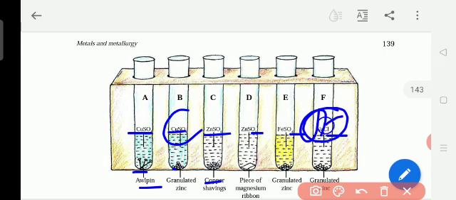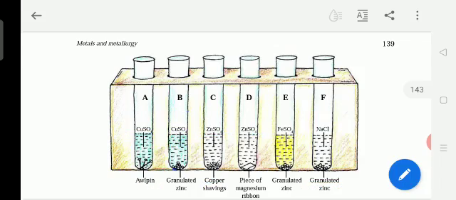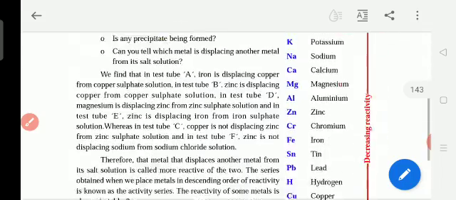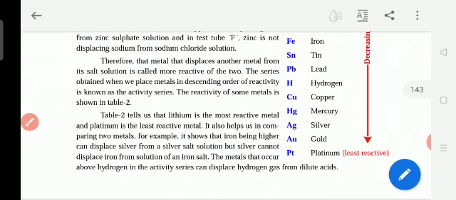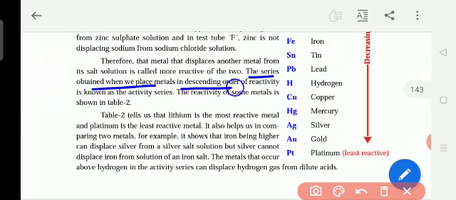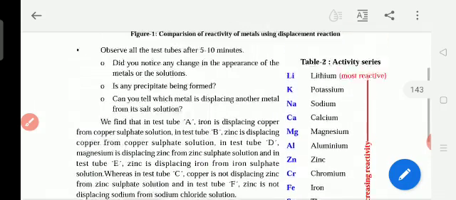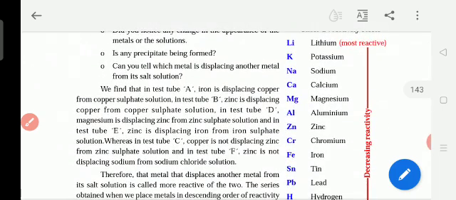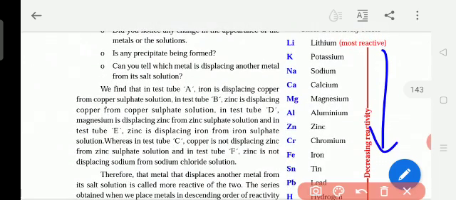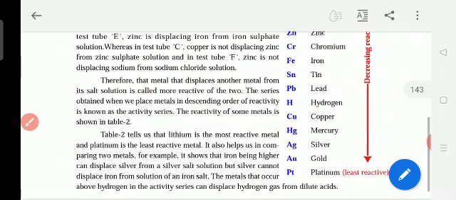Chlorine is the non-metal. The series obtained when we place metals in descending order of reactivity is known as the activity series. This is the activity series arranged in the descending order, that means from more reactive to the less reactive.